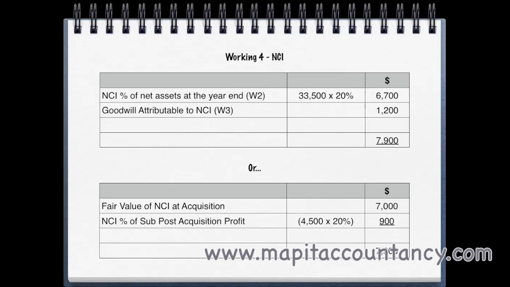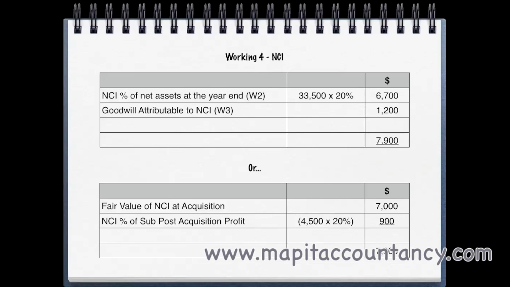So those are two alternative ways, depending on how you calculated your goodwill, to calculate the non-controlling interest. Both give exactly the same answer, because really both of them include exactly the same figures. The net assets at the year end for the NCI, the 33,500 times 20%, includes the post-acquisition profit. The goodwill attributable to the NCI we then add on.